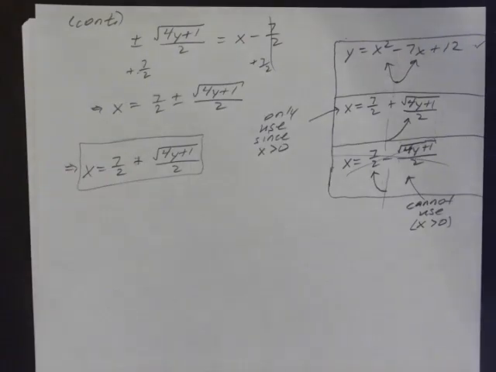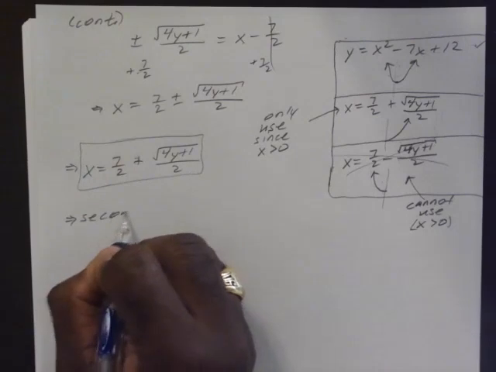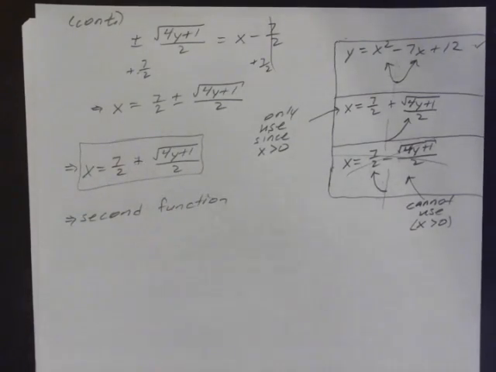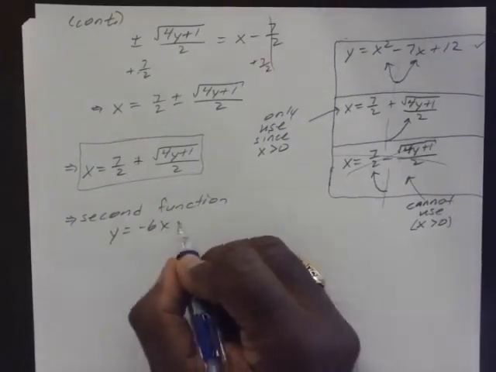The second one, your g of x. Remember, that was y is equal to negative 6x plus 42.